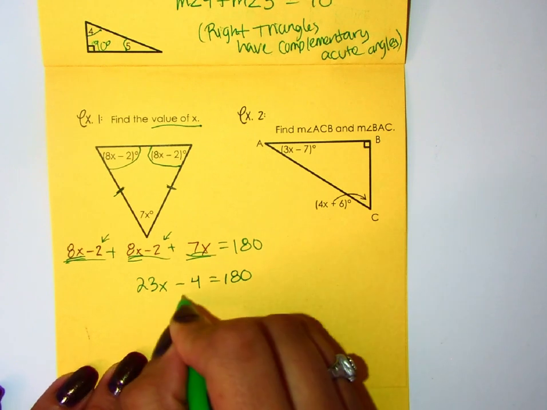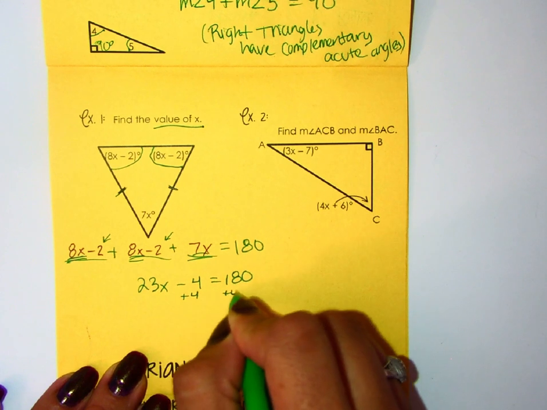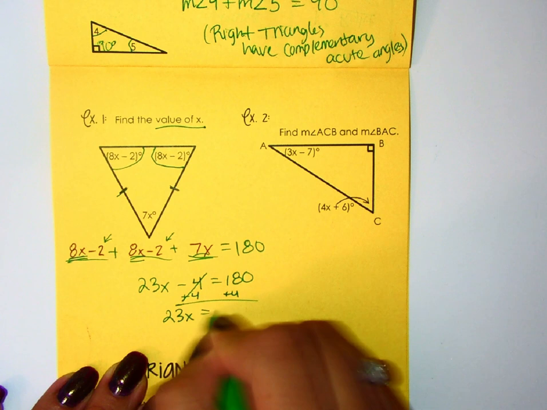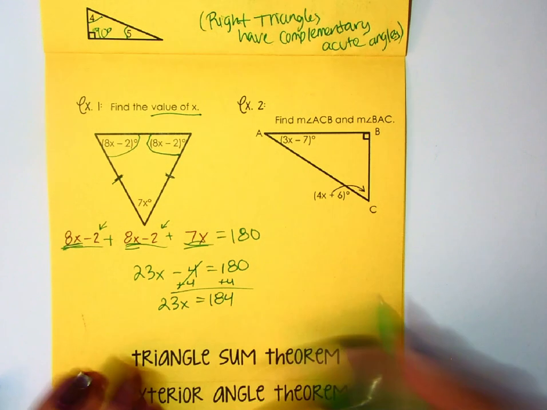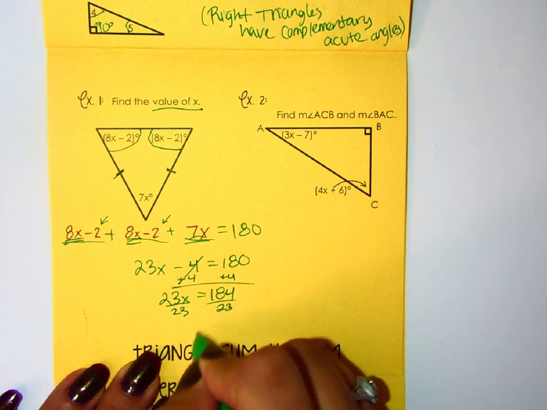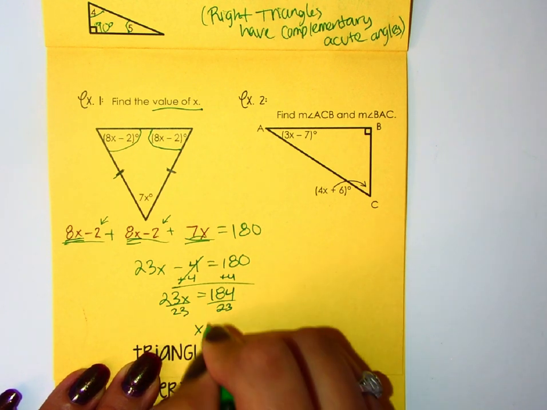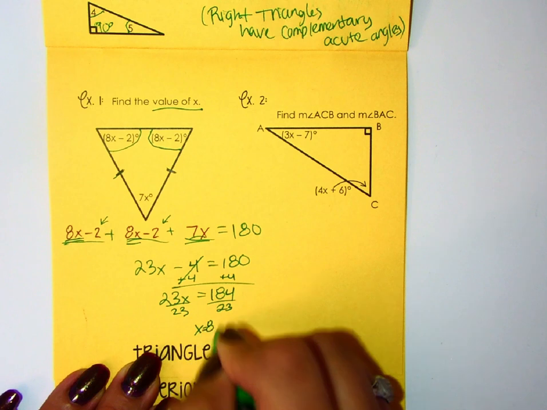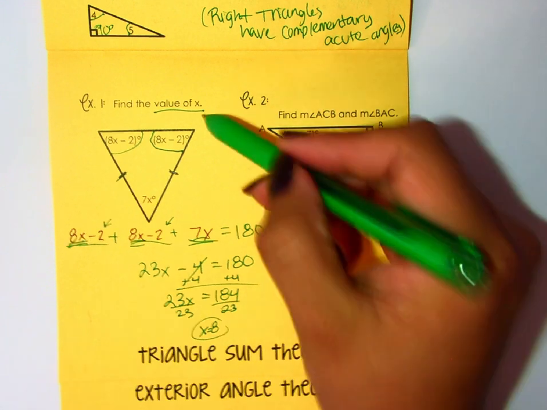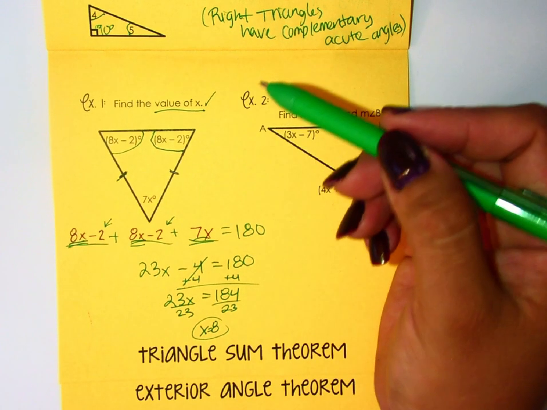So then we solve for x by adding 4 to both sides. Then we have 23x equals 184. Divide by 23. And our answer is 8. Right, so then that results in just answering the question, which is asking for the value of x.